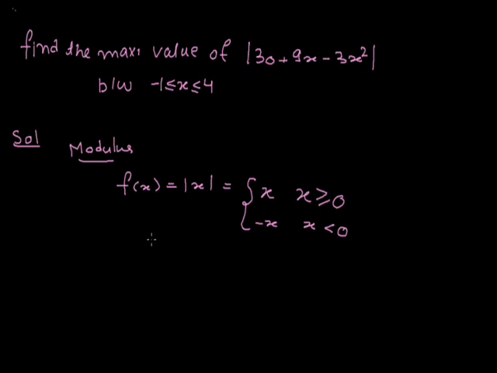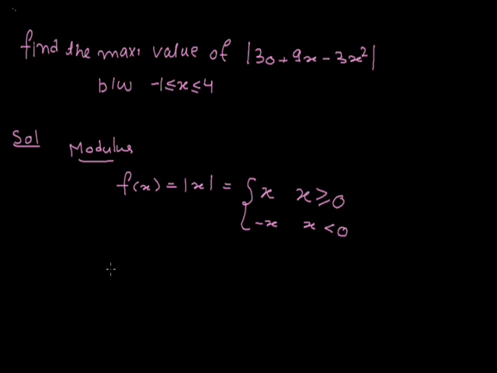And if x is less than 0, then the modulus function just multiplies the value by minus and gives it as output.